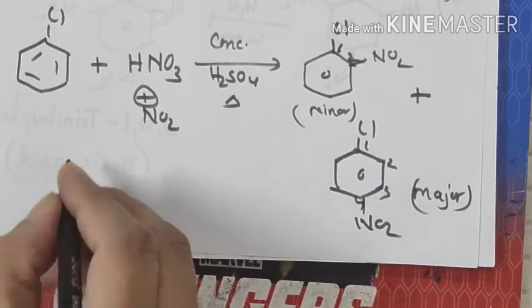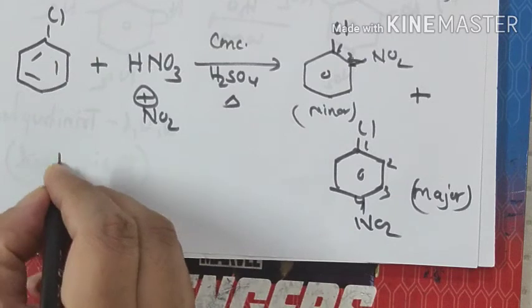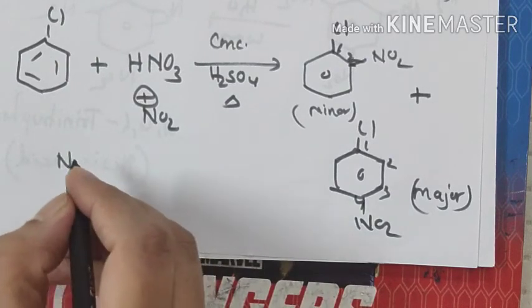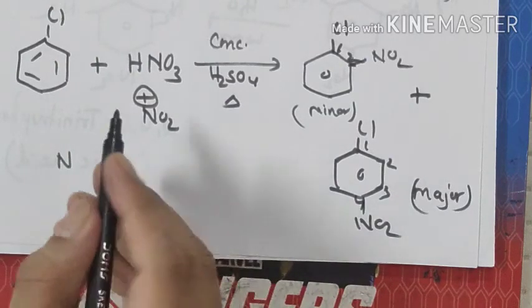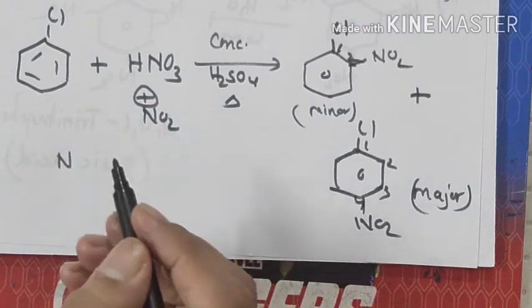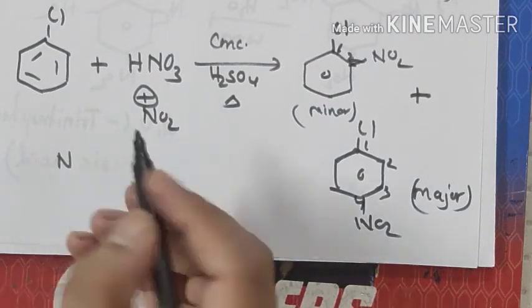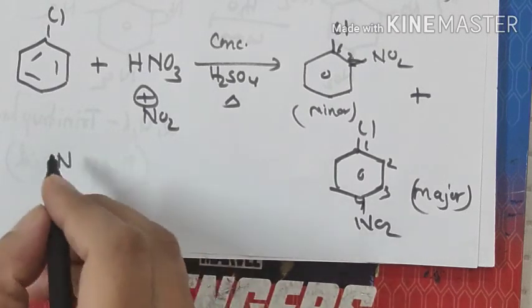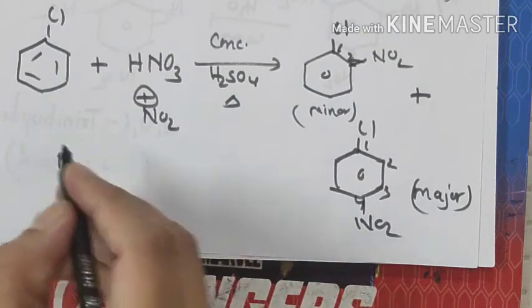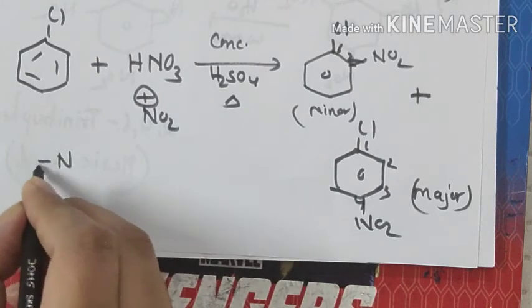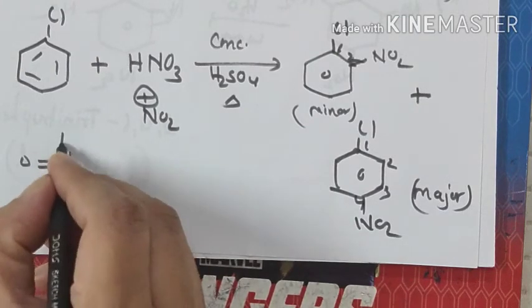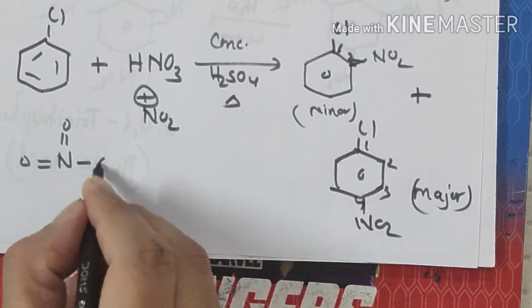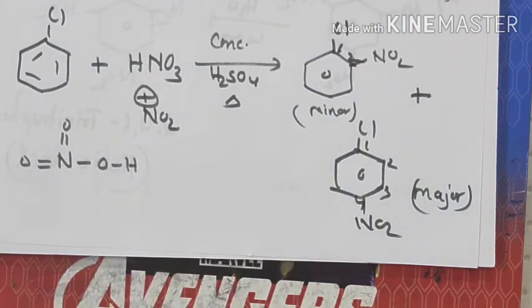Now, let's try to understand the mechanism of this. You know the structure of HNO3: N is there with a double bond, somewhat like this.